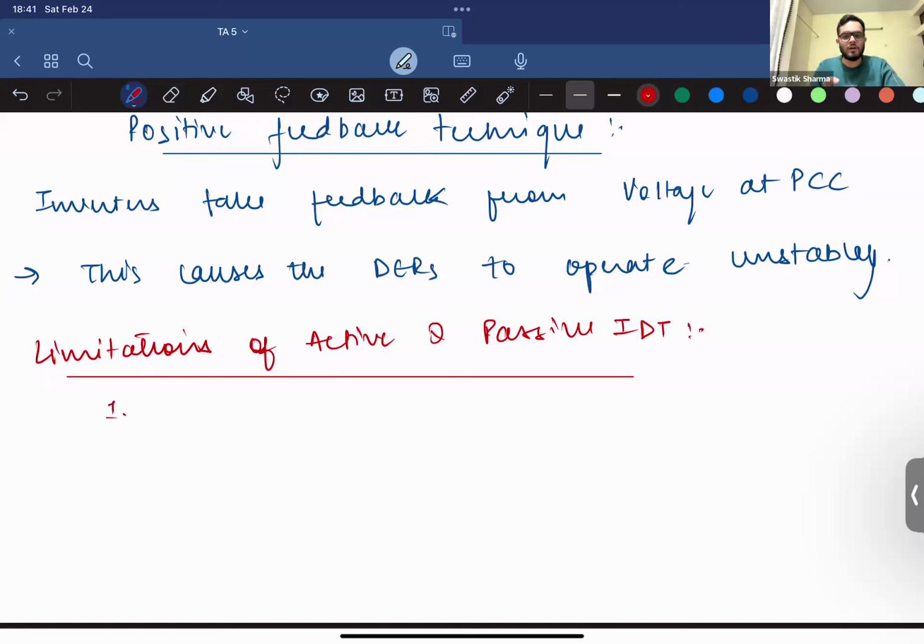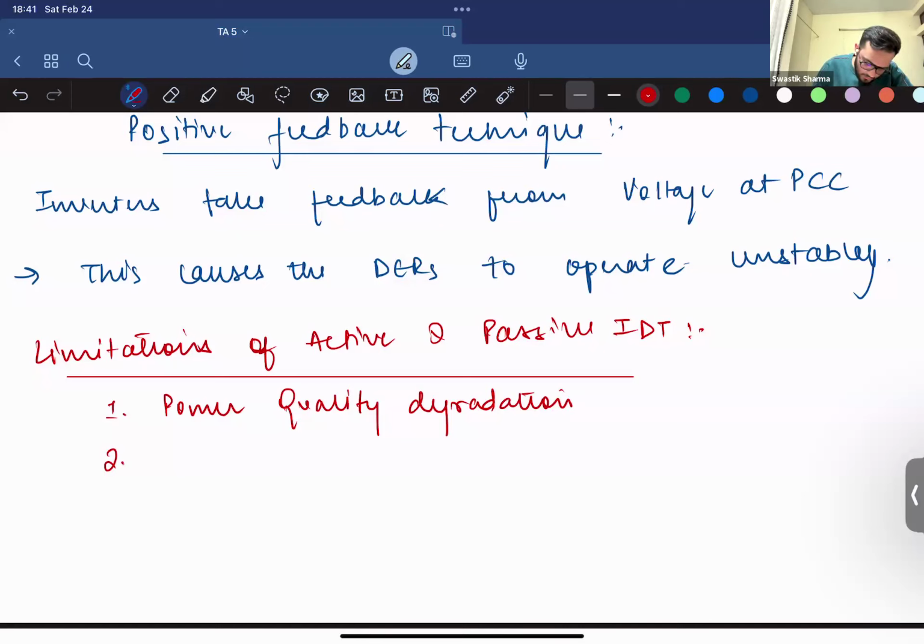First of all, we cause a power quality degradation to happen, right? We are injecting, we are checking if the impedance has changed, frequency has changed. So it's causing it to go into a degraded power quality.